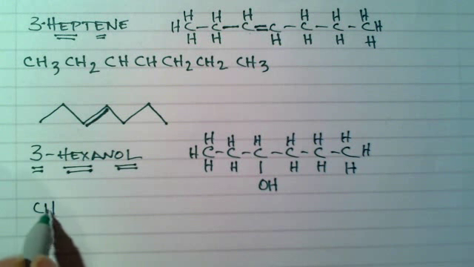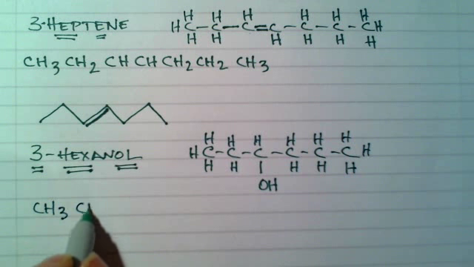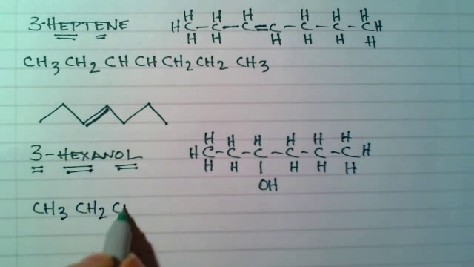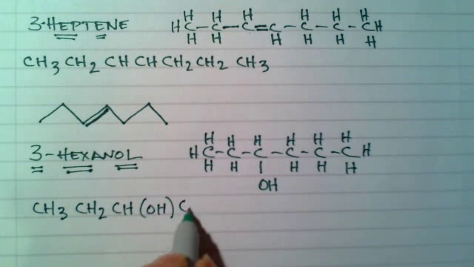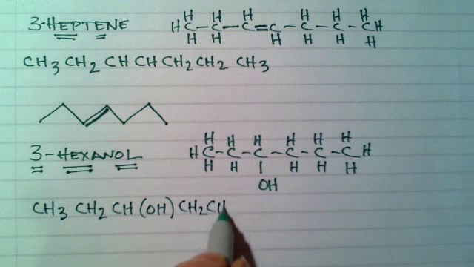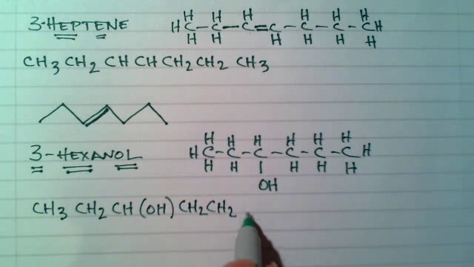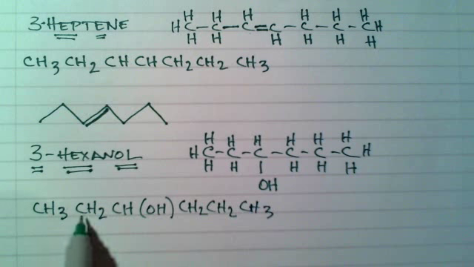Condensed. 1, 2, 3, 4, 5, 6. Make sure you didn't add any extra carbons when you draw it.